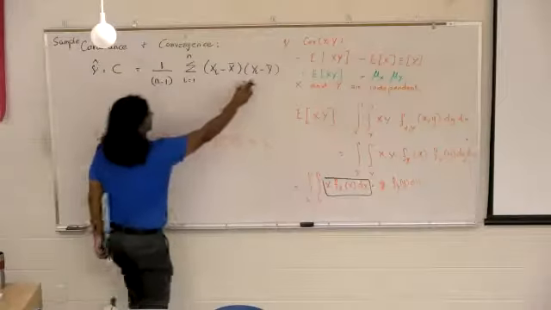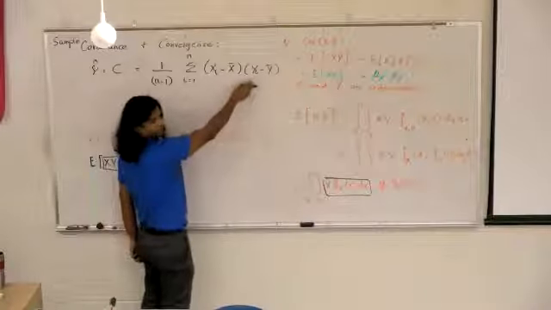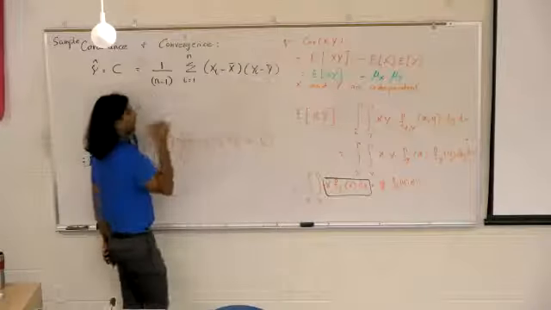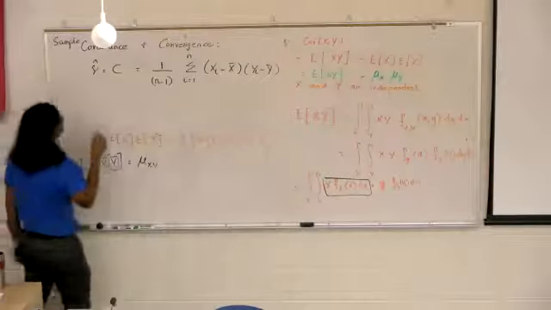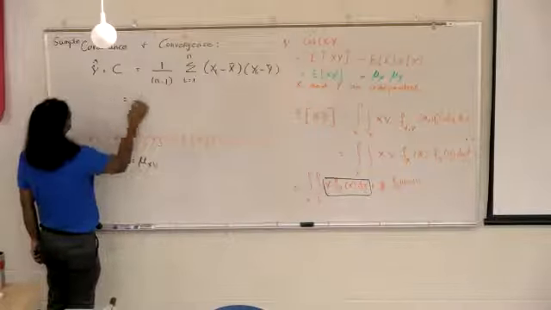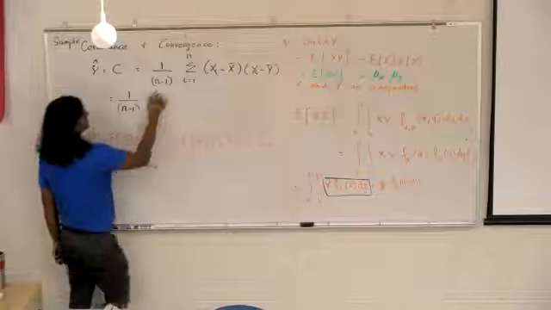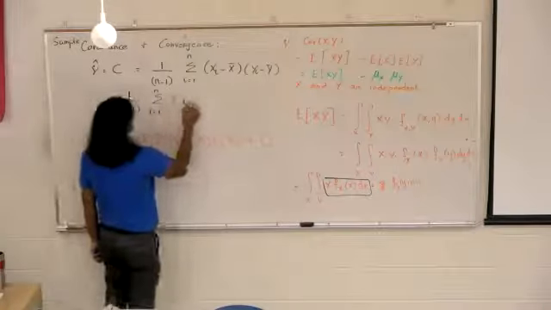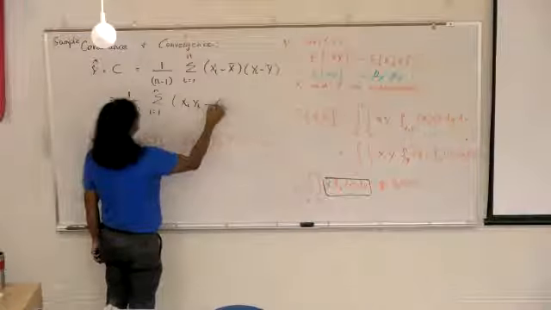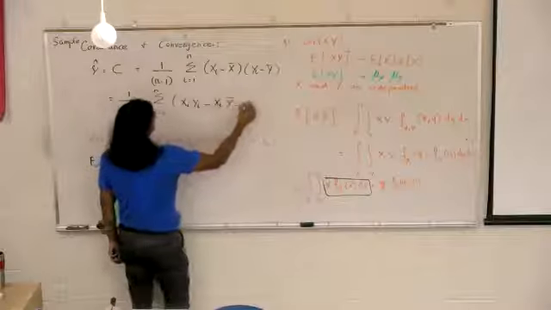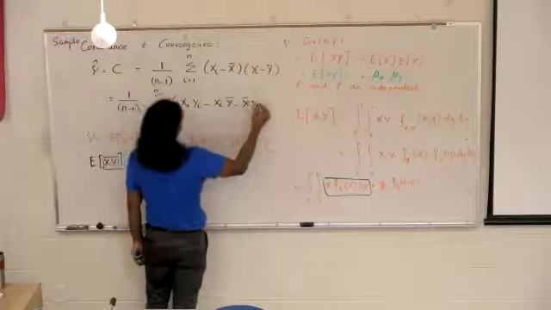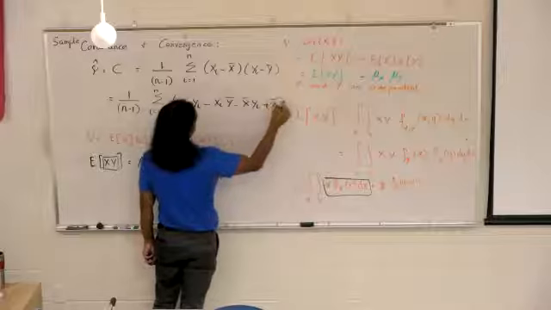This can easily be noted by plugging in xi, x bar, and you get the formula for variance. So 1 over n minus 1, sum i equals 1 to n, xi yi minus xi y bar minus x bar yi plus x bar y bar.